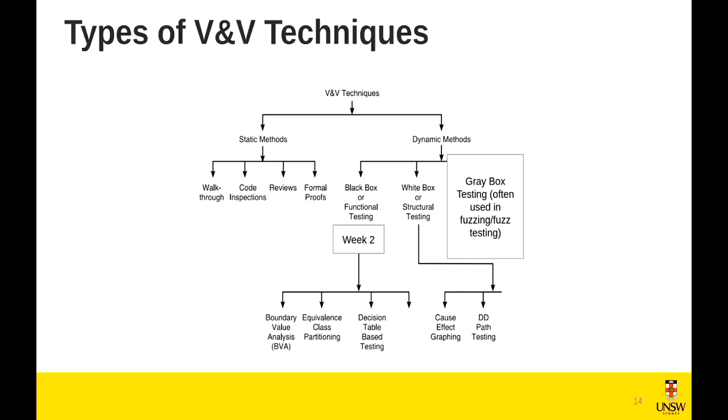For the dynamic methods, we have many different basic types of testing techniques according to how much of the internal mechanisms of the target we require for conducting the test. If we know nothing about what's happening inside the target system, that is called black box testing or functional testing, and we will cover that topic in week 2.